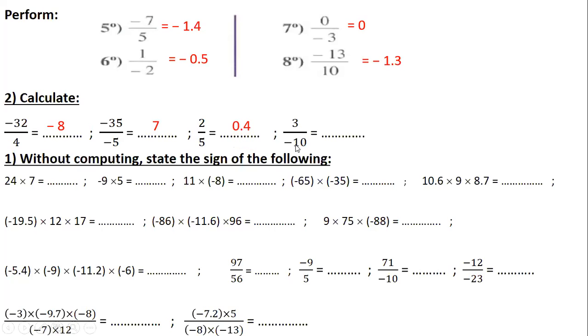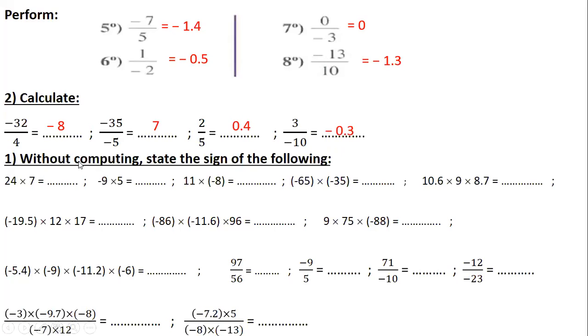3 over negative 10. What is the sign of 3? Positive. And 10? Negative. So positive over negative is? Negative. And 3 over 10 is? 0.3. Okay, let's go back to a similar question we did yesterday.